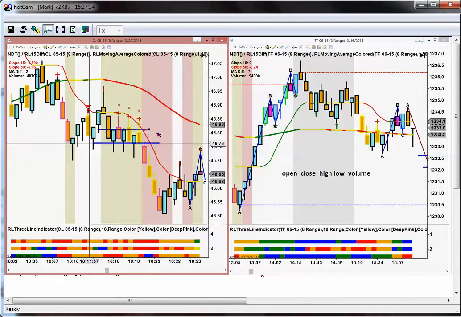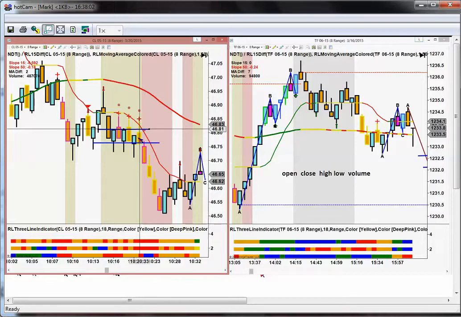Now, here's another pattern. I'm just going to take these at random, because you're going to see equal power. And what happens when the bears and the bulls have equal power? We call the market consolidating. Now, that's a completely different term than chop. Chop is where the market's all over the place, and I could show you tons of chop. You know, there's 2 candles up, 3 candles down, 4 up, 2 down, 1 up, 5 down.